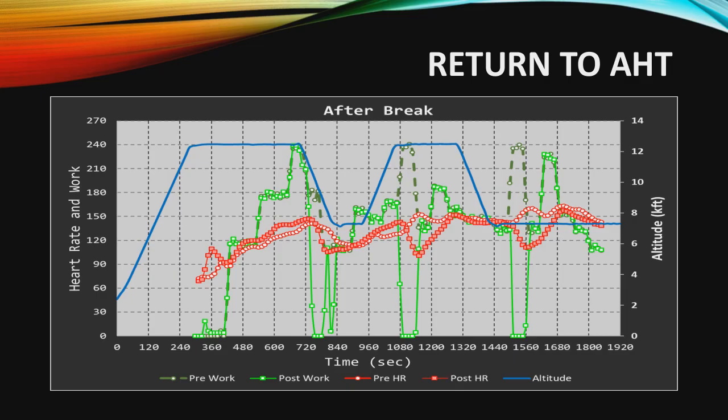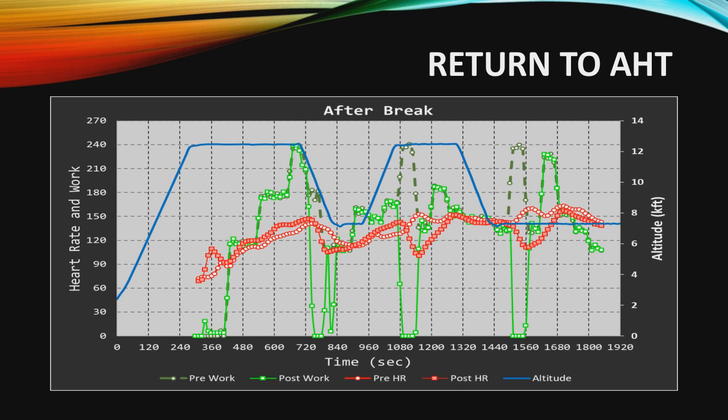Now, in the next slide, what we're calling after the break, he had about a 2-week break from the AHT. What I'm showing as comparison here is the pre and post heart rate and the pre and post work rates.